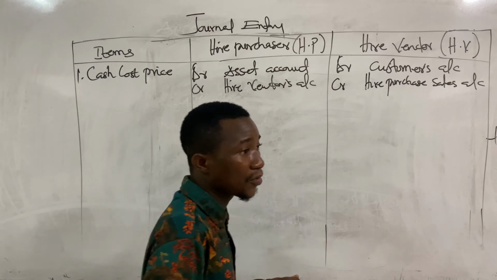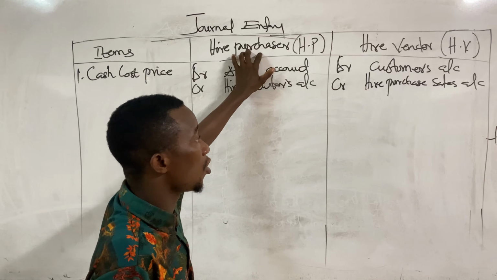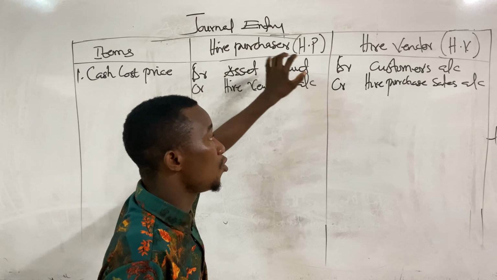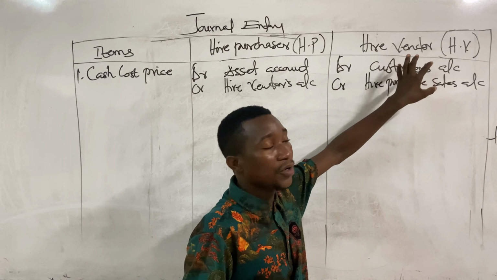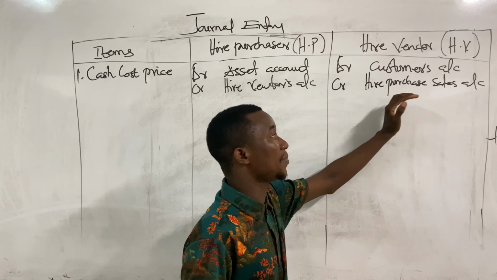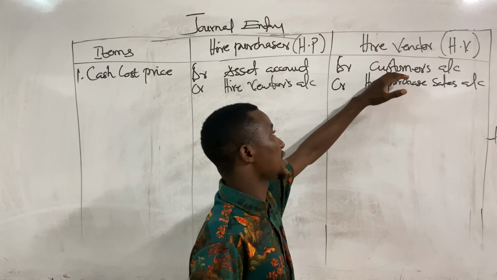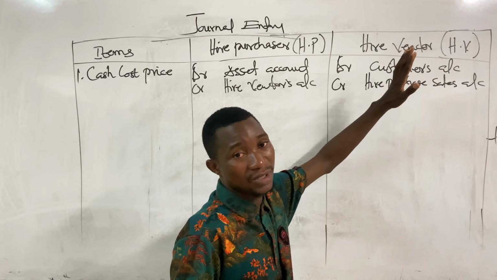The item, which is an asset that is being sold to the hire purchaser, will not be an asset for the hire vendor anymore. It will be an item of sales. So we will credit the hire purchase sales account and debit the customer's account, or the hire purchaser's account. Is that clear?